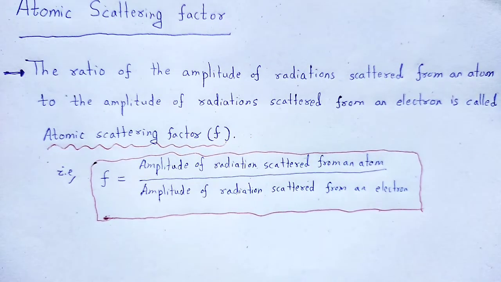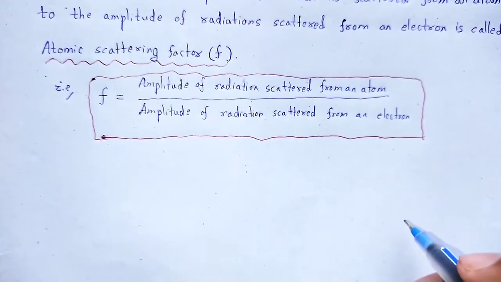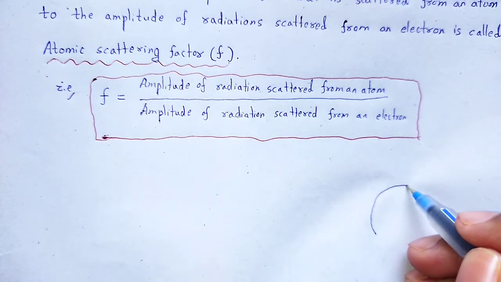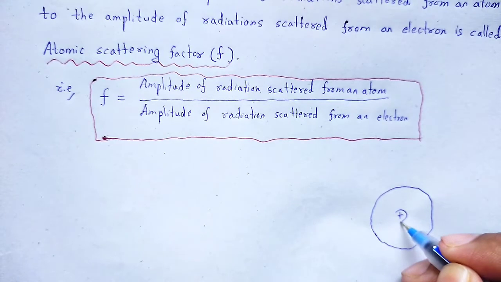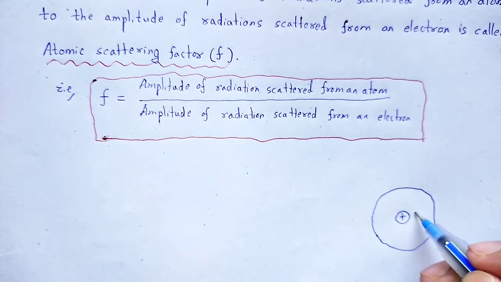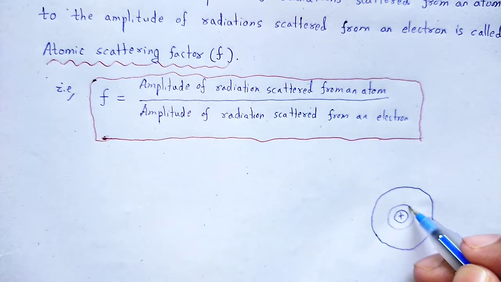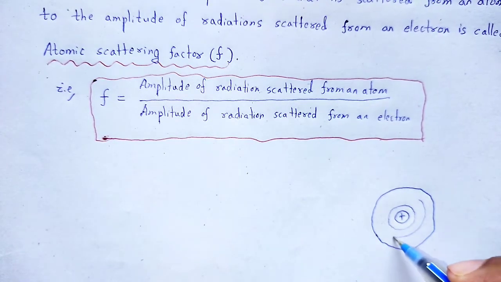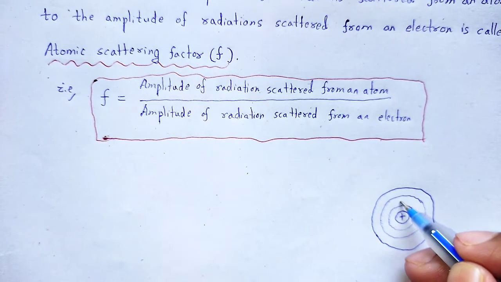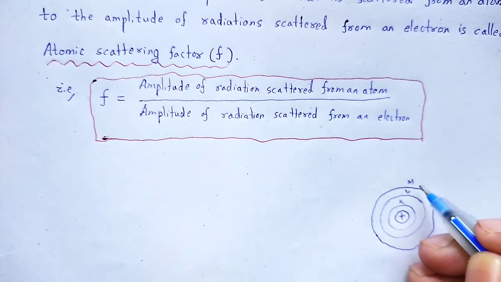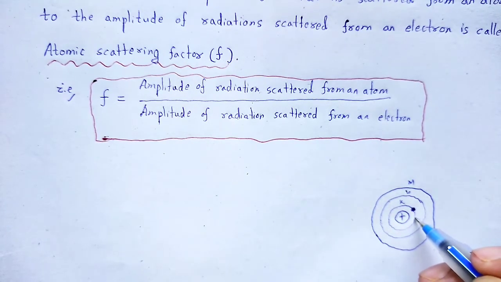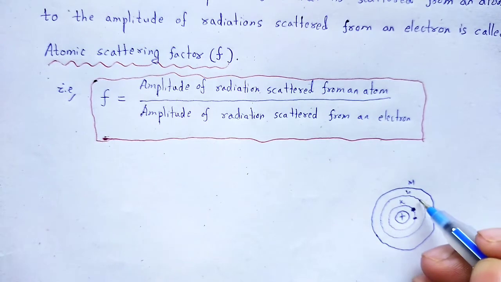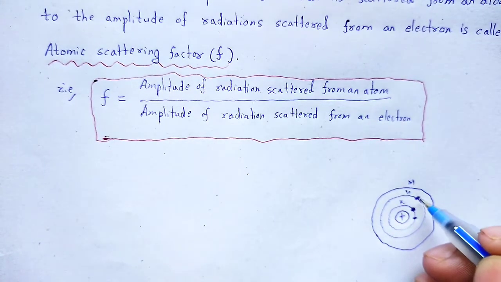If we consider an atom having 3 electrons, there will be the nucleus of the atom, and 3 electrons are arranged inside the atom in the shells like K, L, M. In the K shell, the number of electrons is 2, and in the L shell, the number of electrons is 1.